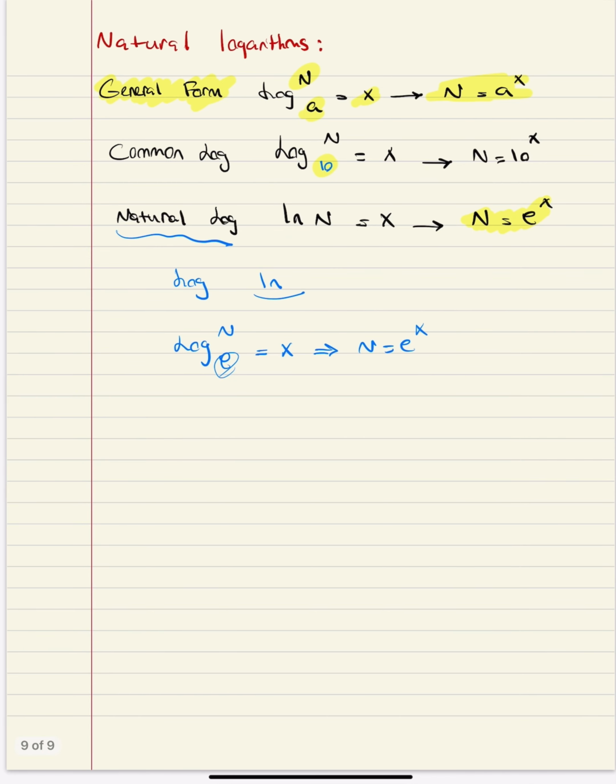The rules that we discussed earlier about logarithms still hold true for natural logarithms as well. I will put the link in the description for the earlier videos that we did on logarithmic properties. For those of you who haven't watched that, I highly recommend you to do so, and also go through the practice questions that we did to better your understanding of logarithms.